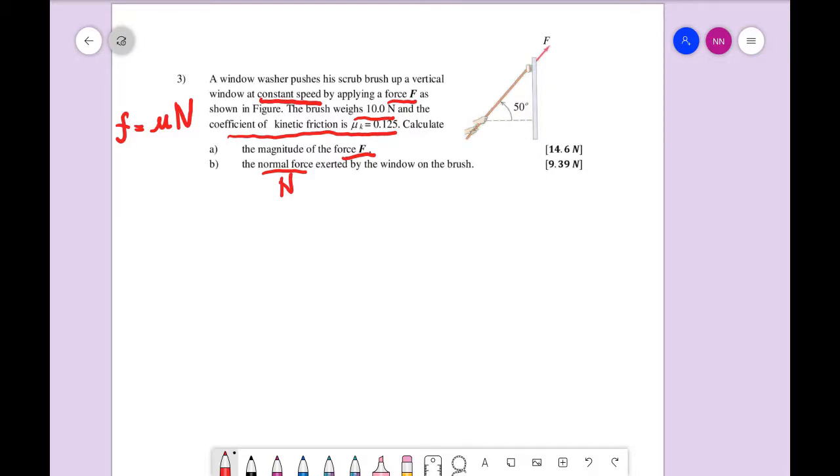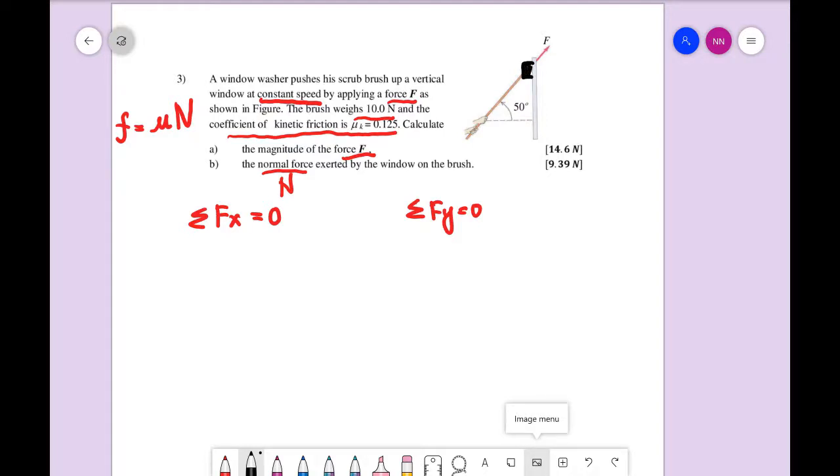For this case, we can apply net force X equals 0 and net force Y equals 0. But first we have to draw all the forces acting on this brush. So this is the brush.